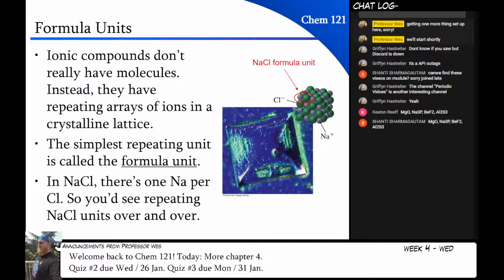So the simplest repeating pattern is the formula unit. That's where the formula comes from. I am greatly oversimplifying here by just circling a sodium and a chlorine. But for our purposes, if you just imagine the smallest piece that you can copy and paste to create the entire lattice as the formula unit, that's good enough.